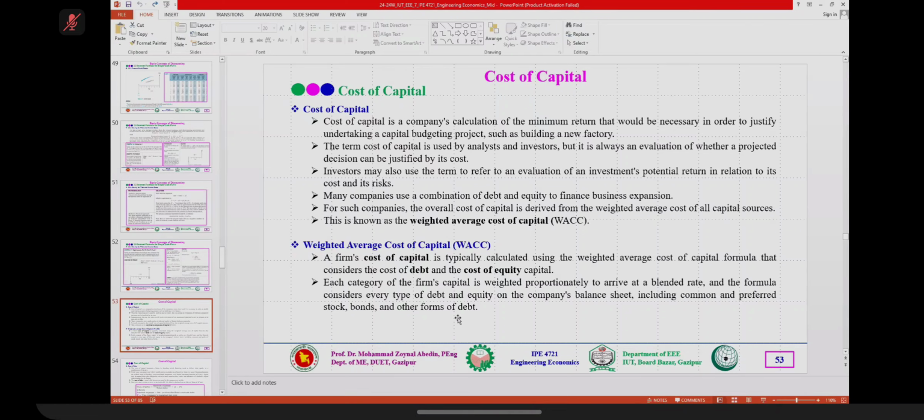Each category of the firm's capital is weighted proportionately to arrive at a blended rate, and the formula considers every type of debt and equity on the company's balance sheet. Balance sheet is the sheet that is prepared by considering all the credit values and all the debit values, and it will be equal. So including the common and preferred stock, bonds, and other forms of debt.